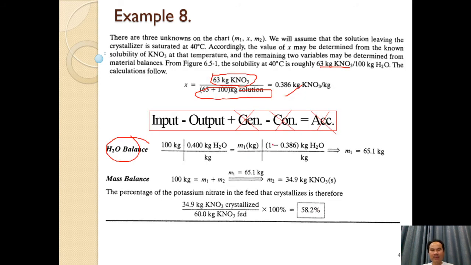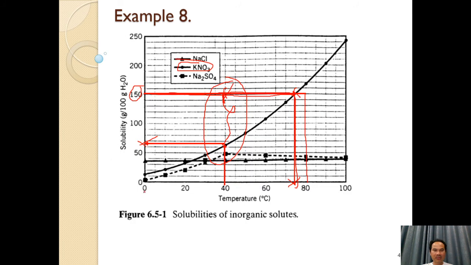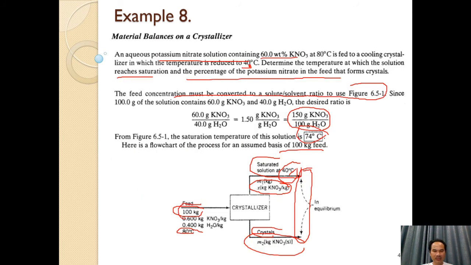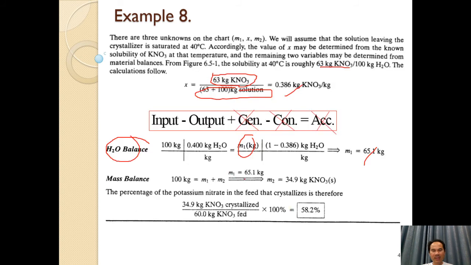M1 multiplied by (1 minus X), where X is 0.386, so you can solve M1. And then you can make the total mass balance. The total mass feed is 100. Output is M1 plus M2. Then you can solve for M2 since M1 is already known.